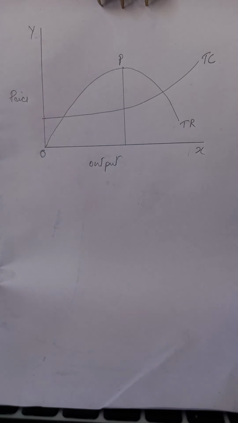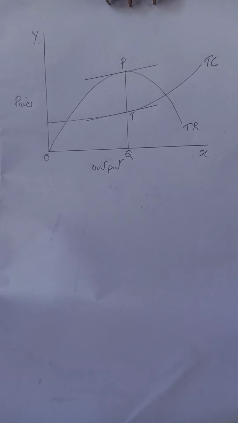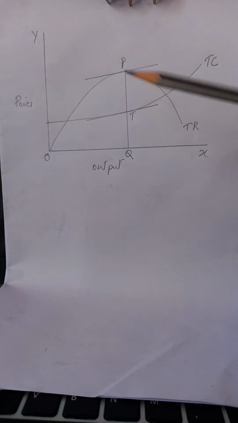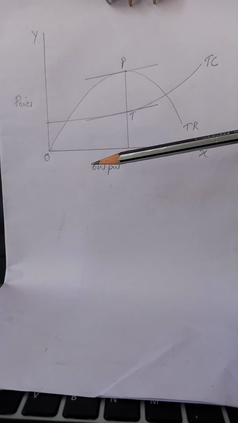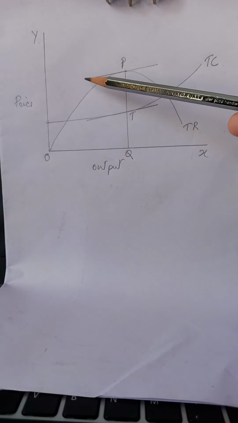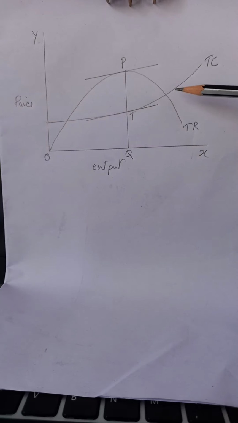And how do we get that maximum distance or the greatest distance? It is by drawing the tangent. I think you can see now I draw a tangent, which is parallel to each other.